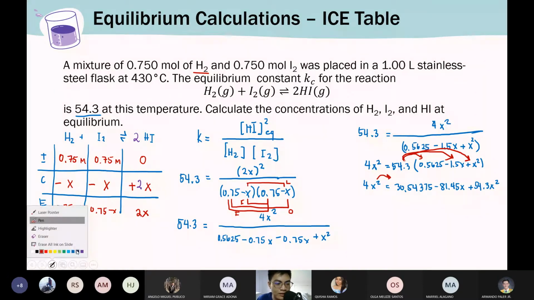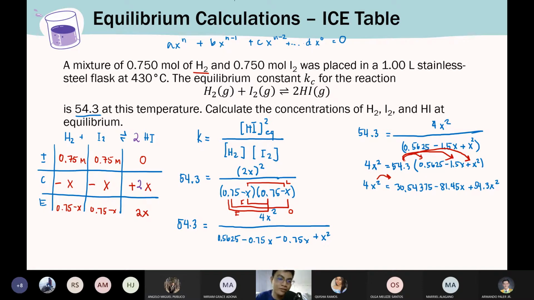Kasi, in a polynomial, the equation must be ax^n plus bx^(n-1) plus cx^(n-2) dot dot dot plus d x to the 0 equals 0. Okay. So, ano lang pinaka-point ko dyan? Lahat ilipat mo sa iisang side. Pagsama-samahin mo sila. Okay. So, gagawin kong 0 itong left side.